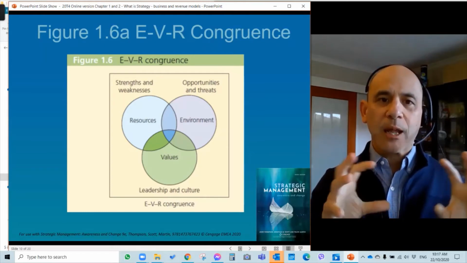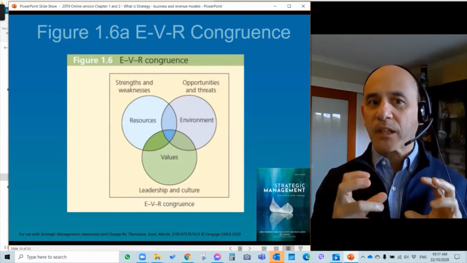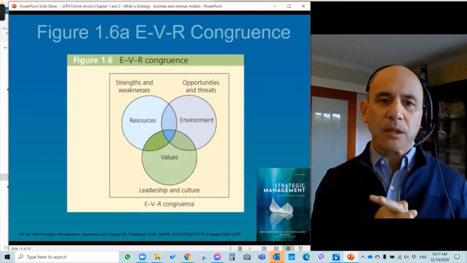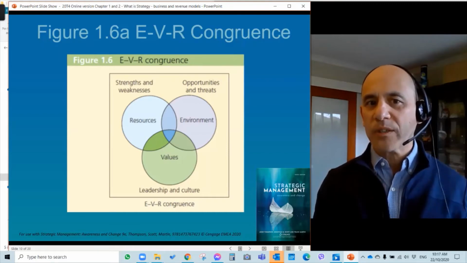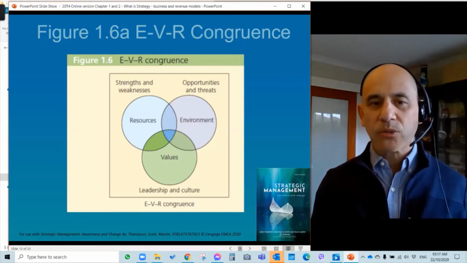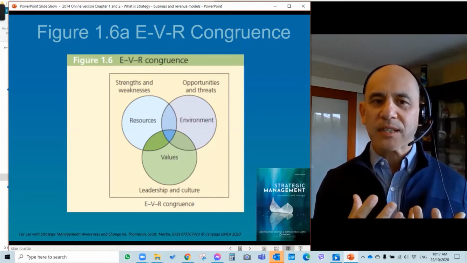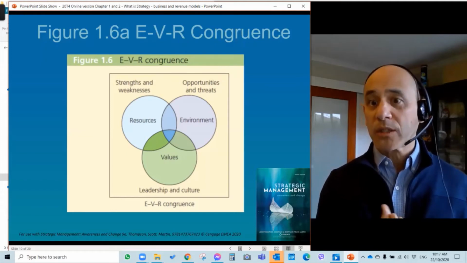And this model helps us understand that strategy is actually a product of all these three areas. And we get input from all three areas in order for us to come up with strategy or the right strategies. So it's very familiar in the sense that it's very similar to a SWOT analysis.